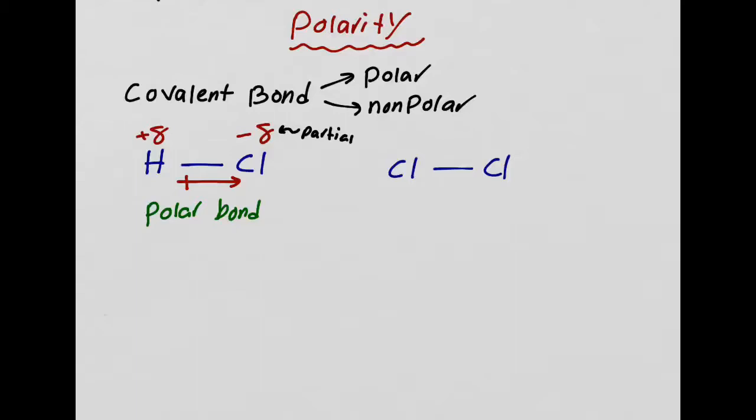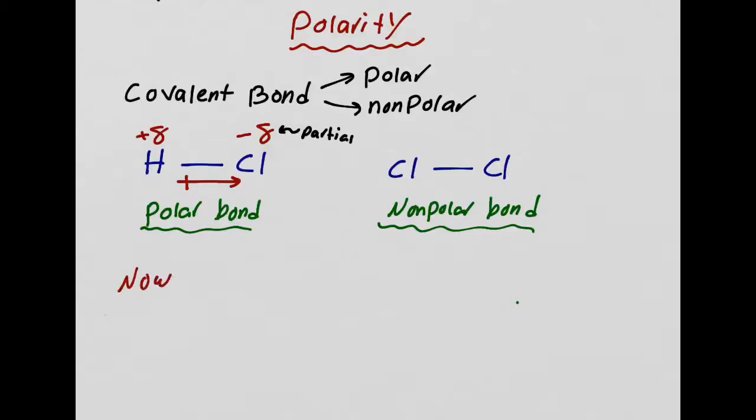And every time electrons are shared equally, we call that a non-polar bond. Non-polar bond, they're sharing pretty evenly. So far, so good. So if they don't share equally, that's a polar bond. If they do share equally, that's a non-polar bond. All right. So that is what we talked about in the past.